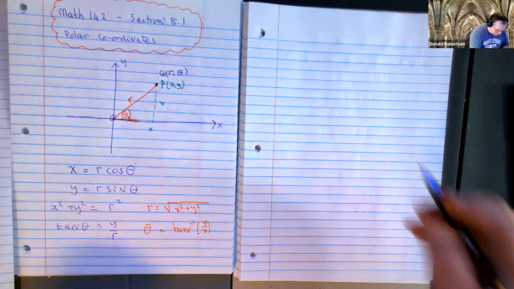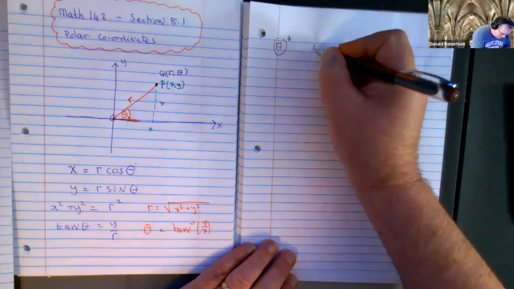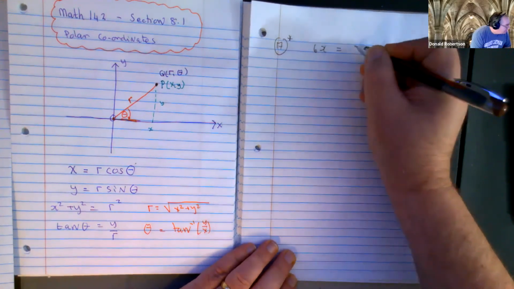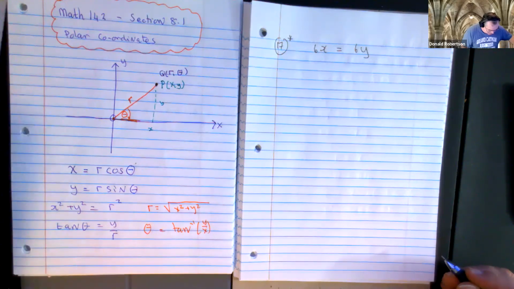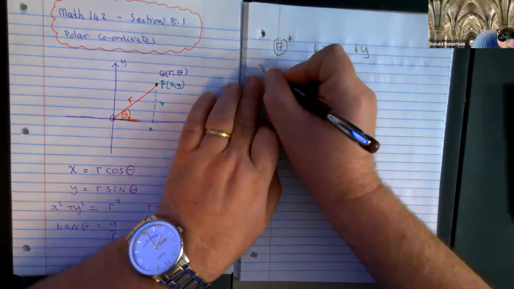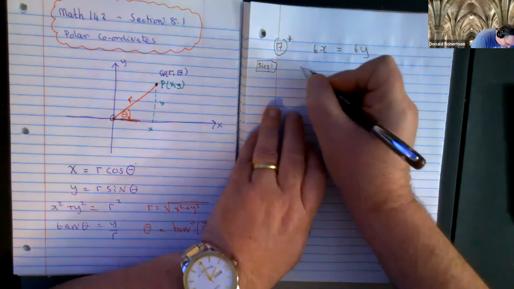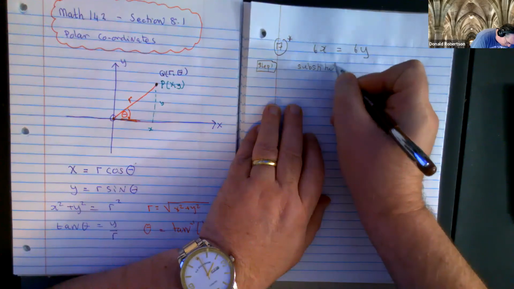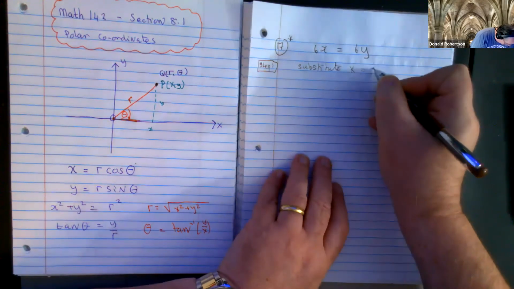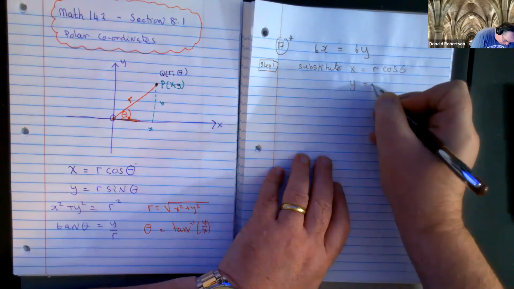Let's show you our first example. The equation that we're going to convert is that one. Here we go. Step 1. Substitute x equals r cos theta and substitute y with r sin theta.